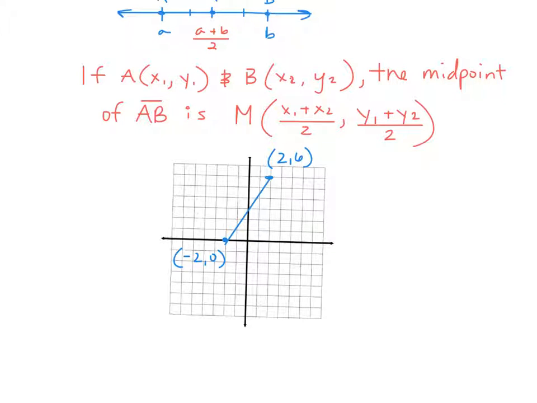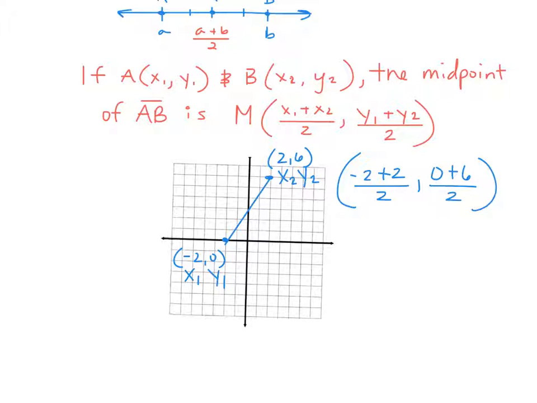What they're saying is if this is x1, y1, and this is x2 and y2, we're going to add our x values together. So -2 plus 2 divided by 2, and we're going to add our y values together. So 0 plus 6 divided by 2.